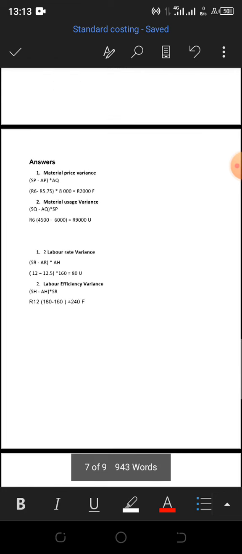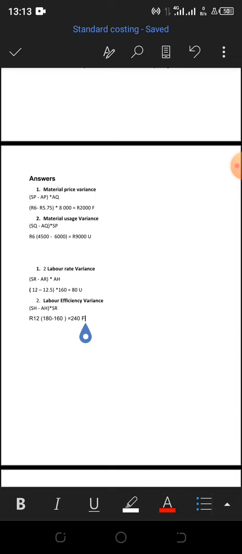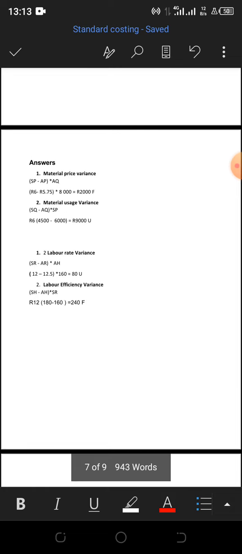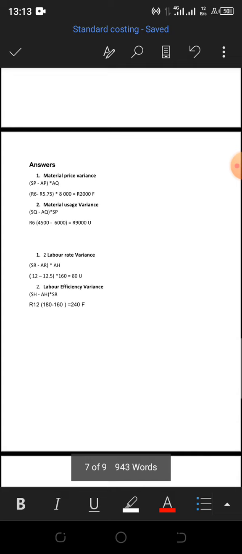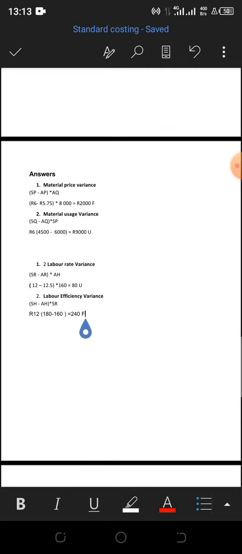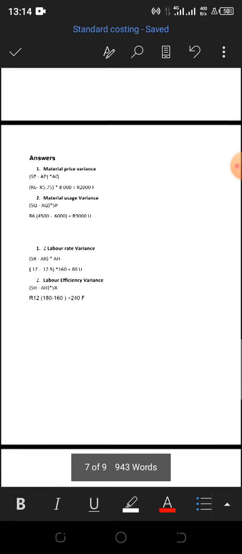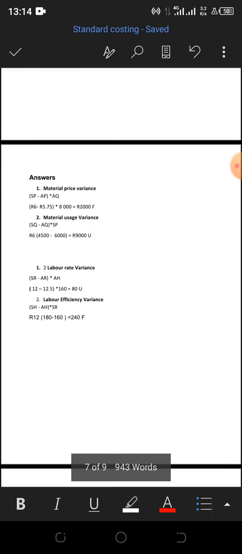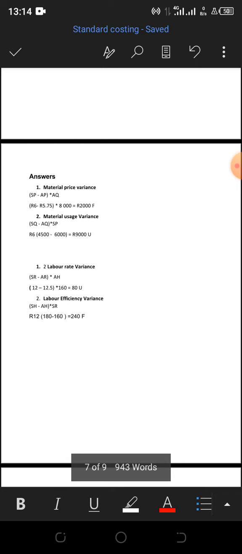Remember, your focus must be on the calculation that you did. You can say yes, because you are focusing on labor efficiency variance. When they are mixed, they can work less time, which means that the company is going to pay a lesser amount.